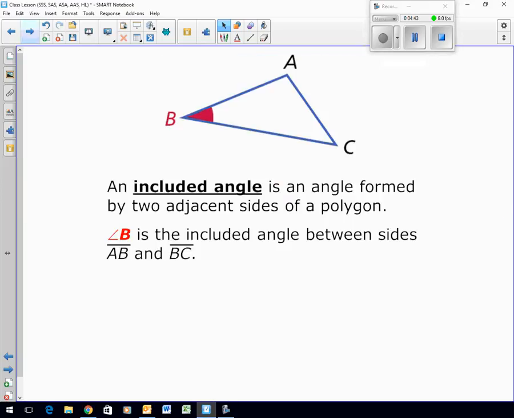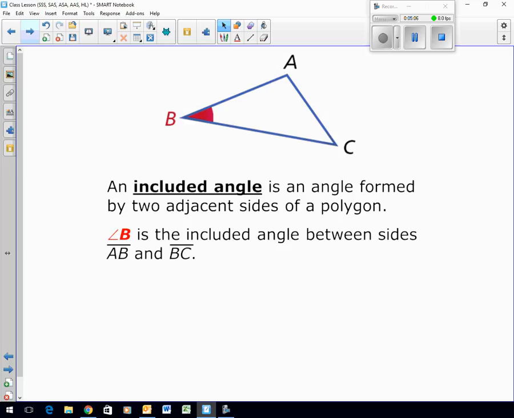Check it out. We've already defined this, so you don't necessarily have to define included angle again. I just want to make sure we understand it. An included angle is an angle formed by 2 adjacent sides of the polygon. Angle B is the included angle between sides AB and BC.